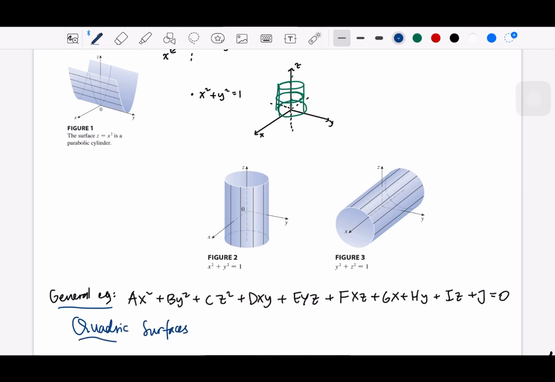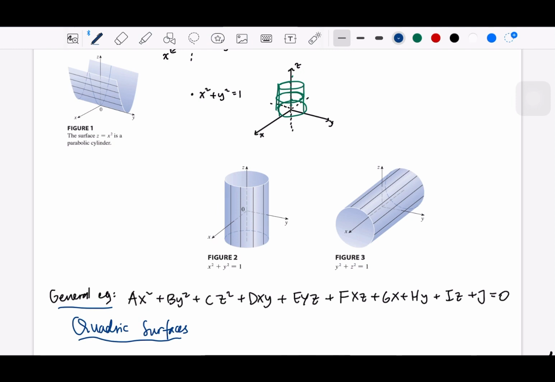As the name suggests, quadric comes from quadratic, which means you will have at most a square in the variables. Okay, and then it is a surface, so it is going to take a shape. We are going to see some combinations. If you have learned about conic sections before, we have the ellipse, the parabola, the hyperbola.